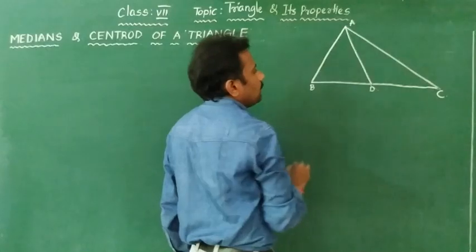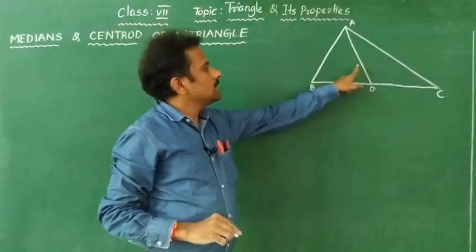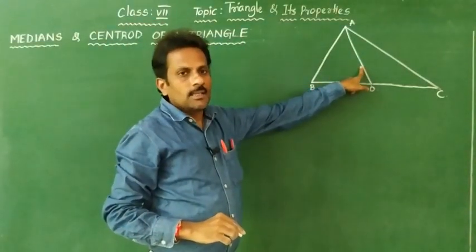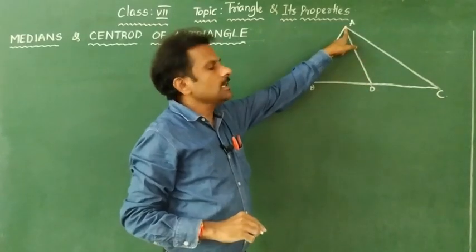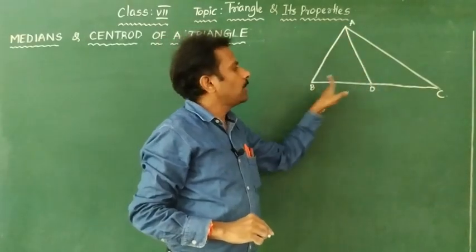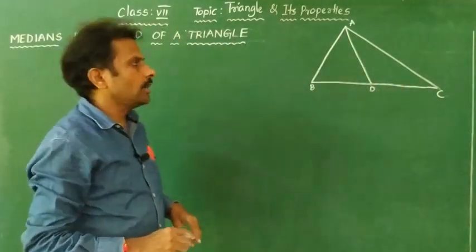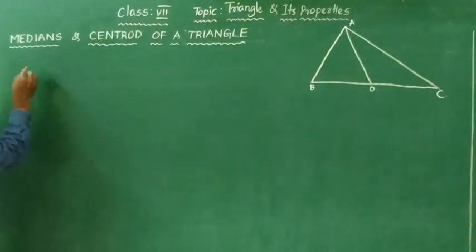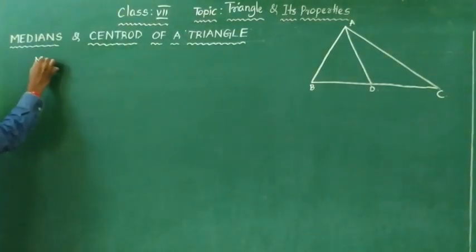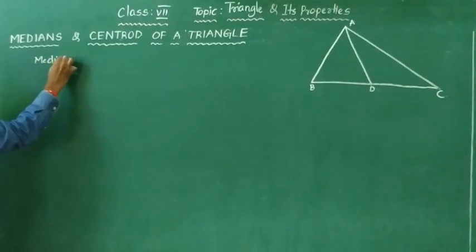So median is nothing but what? Median is a line segment which joins a vertex and the midpoint of the opposite side. So how can we define a median? Let me write the definition of median here.